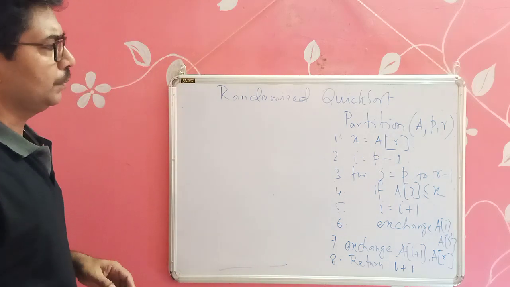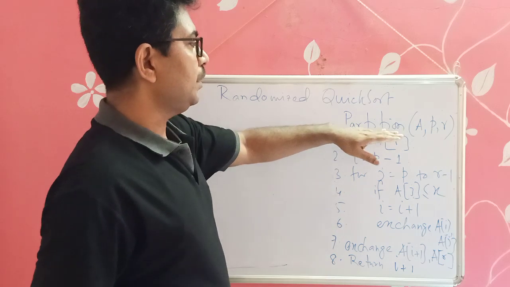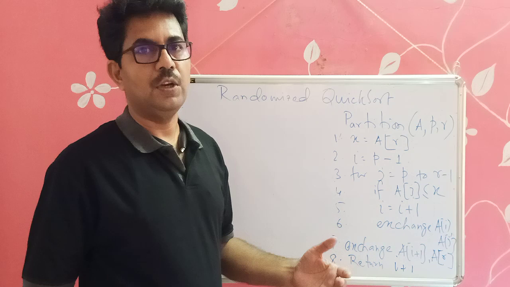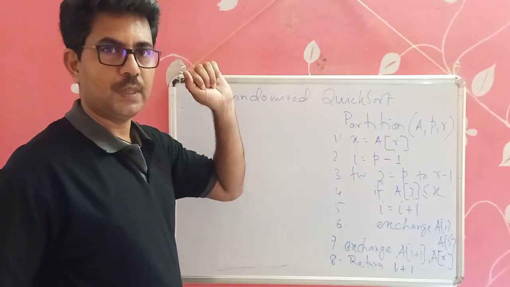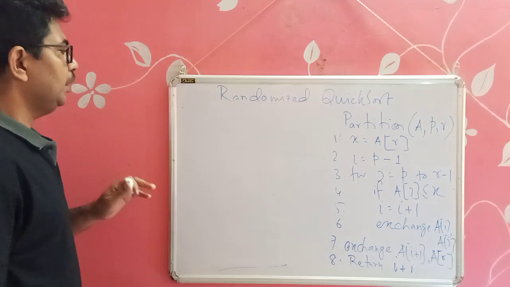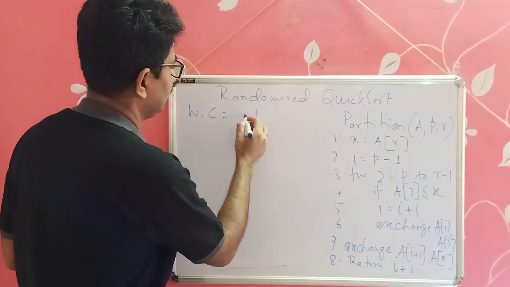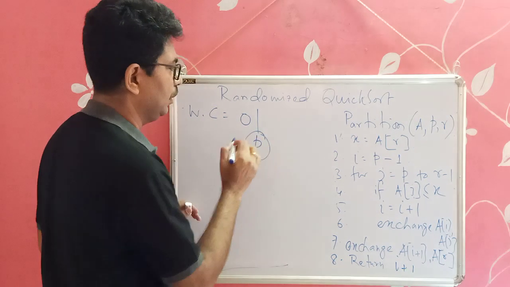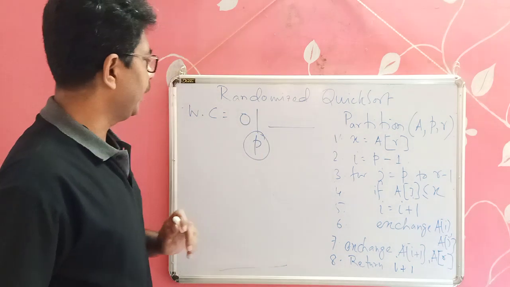Why are we getting the worst case and the best case for the same algorithm? Worst case means the left partition contains 0 elements, the pivot element is placed here, and all n minus 1 elements are on the right side.